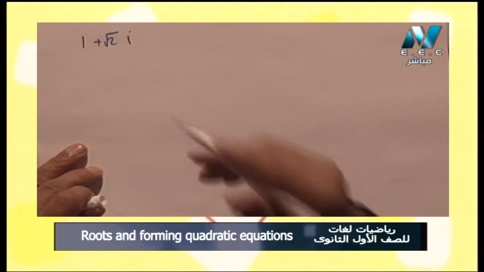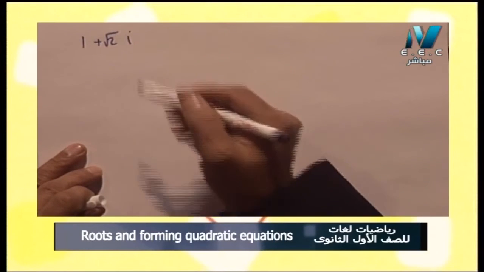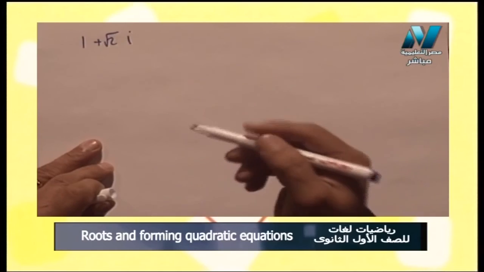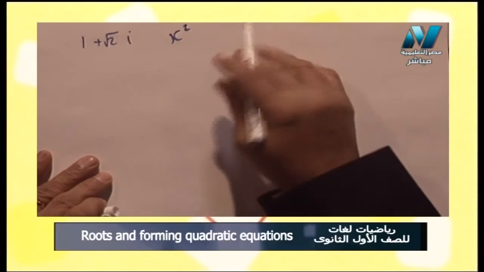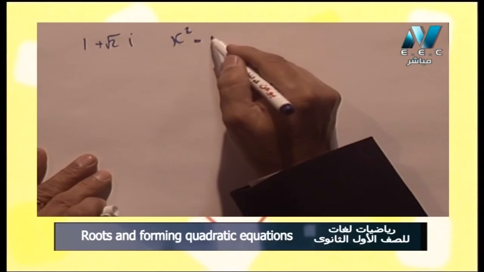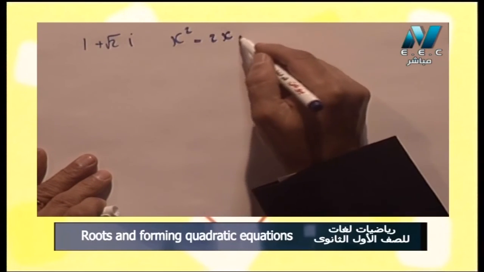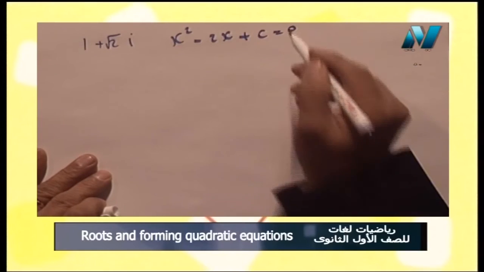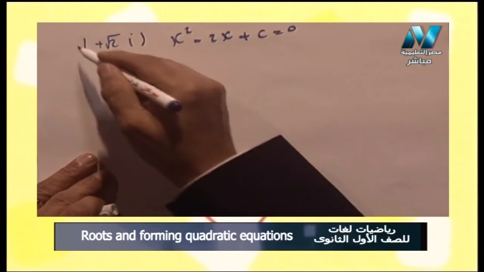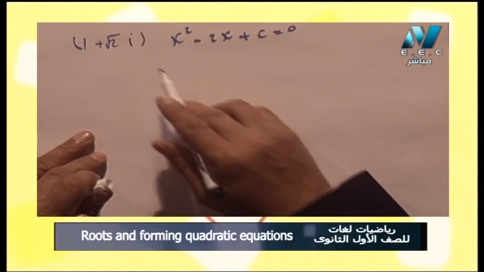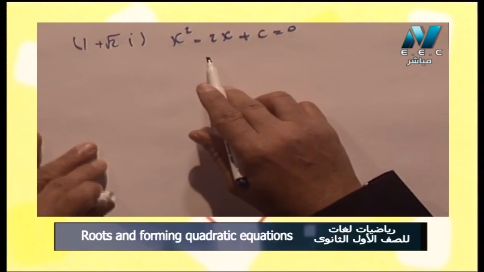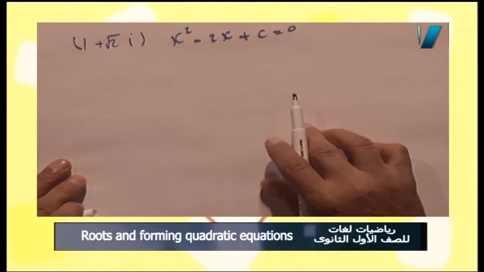If we have 1 + root 2 i as one of the two roots of the equation x^2 - 2x + c = 0, this is the first root, which is a complex root. So 1 + root 2 i is a root of x^2 - 2x + c = 0.